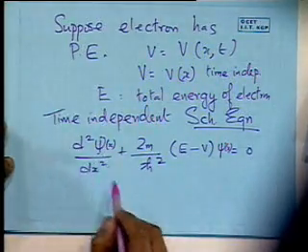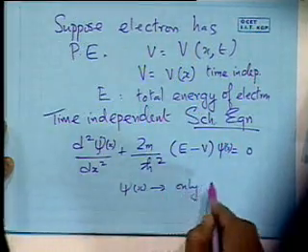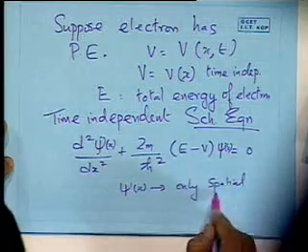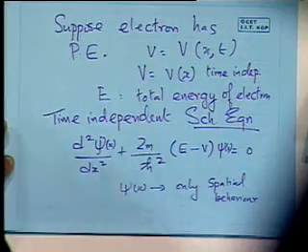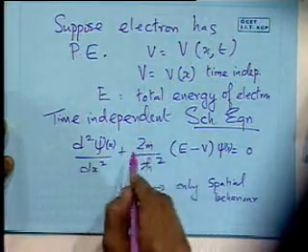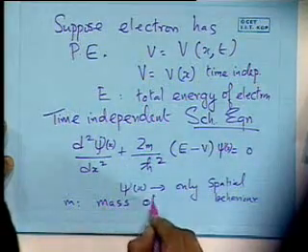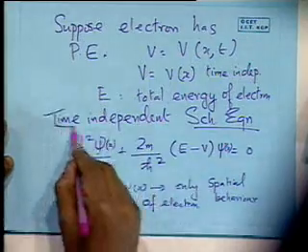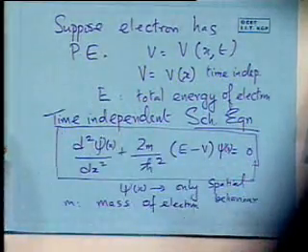This is only describing the spatial behavior because we are considering the time independent case. And in this equation, m is the mass of the electron. So this equation is referred to as the time independent Schrodinger equation.